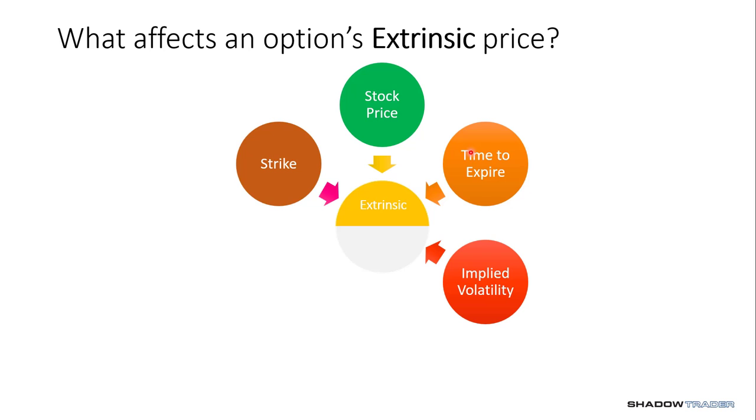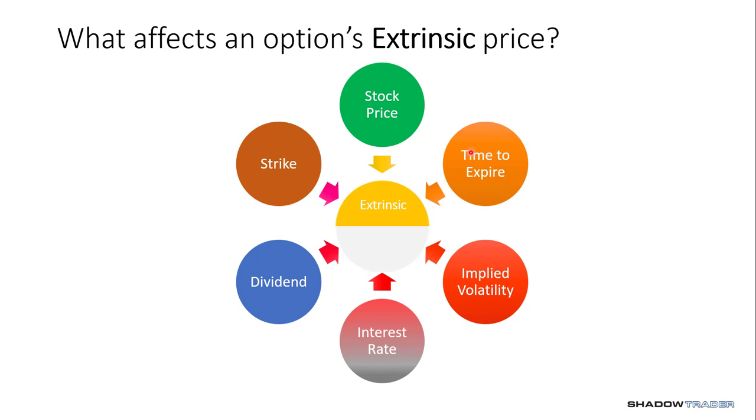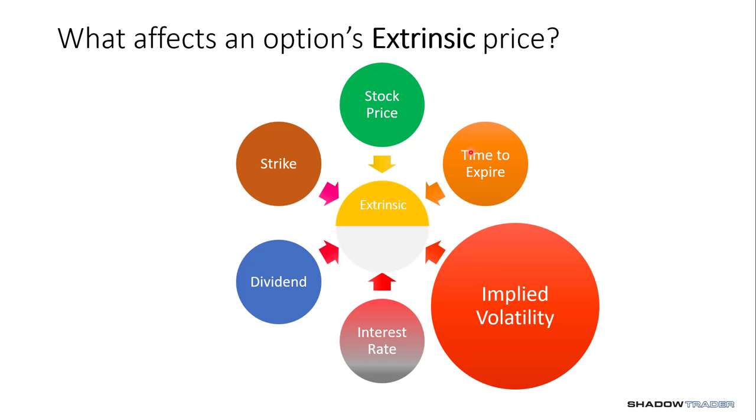We pull in the implied volatility as a component. We pull in the effective interest rate as a component. And we pull in the dividend as an input to this extrinsic component. Implied volatility is the biggest driver for extrinsic price.